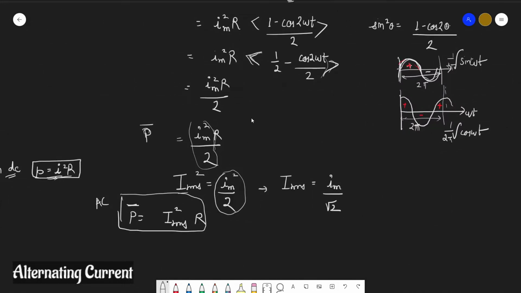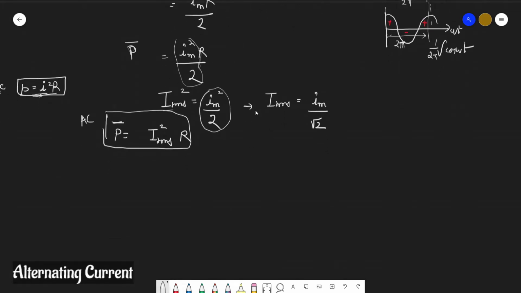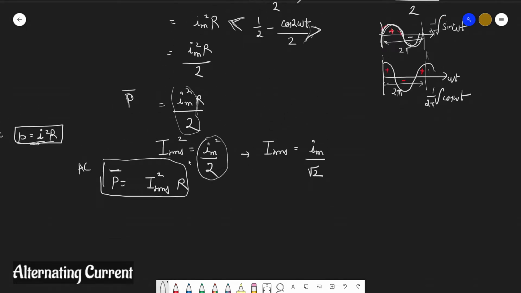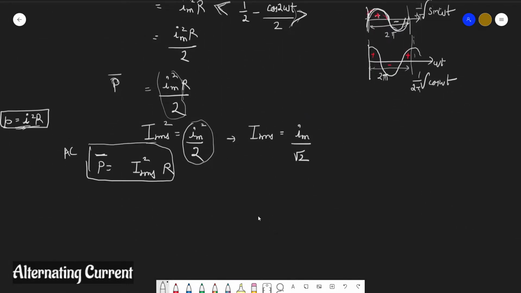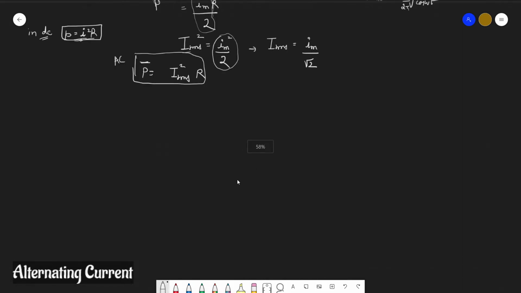Anyways, this is the expression. I have calculated Irms with an analogy; by definition, I have found the values of Irms and Vrms here. I will also derive it mathematically later on. First, let us see the graphs so that we can have a better understanding.